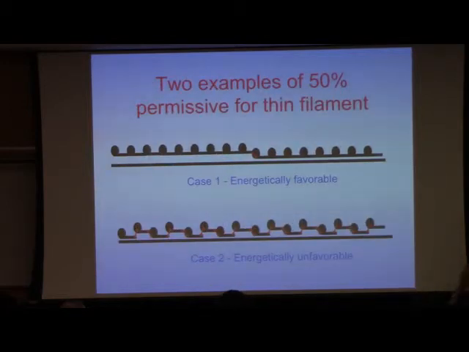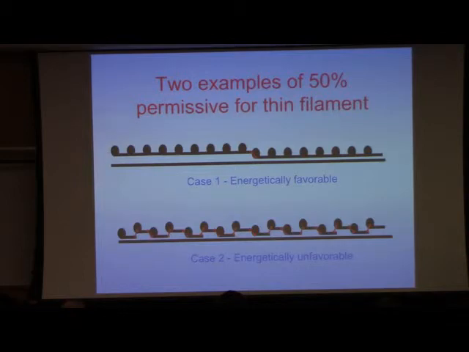So, trying to give you a little intuition here. If this is a piece of thin filament, and we say this thin filament is 50% activated, so 50% of the units are on and 50% of the units are off. One way you might do that is like this. Another way would be to have this unit off, this unit on, this unit on, off, on.